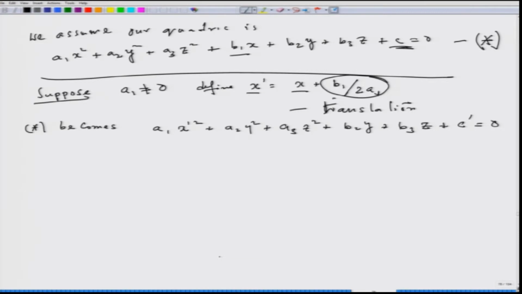So, we can assume b1 is 0. If a1 is not equal to 0, we may assume b1 is 0, because I can get rid of it by a translation. Similarly, if a2 is not equal to 0, I can get rid of b2, if a3 is not equal to 0, I can get rid of b3.